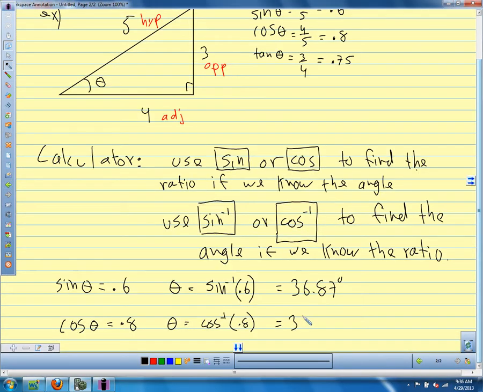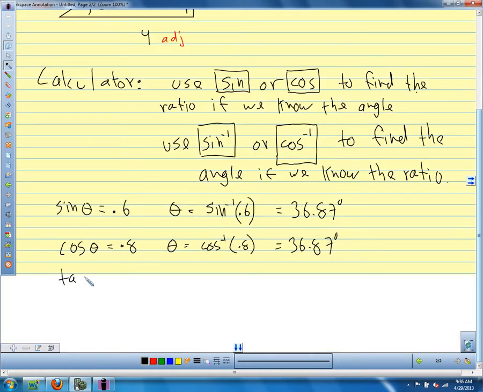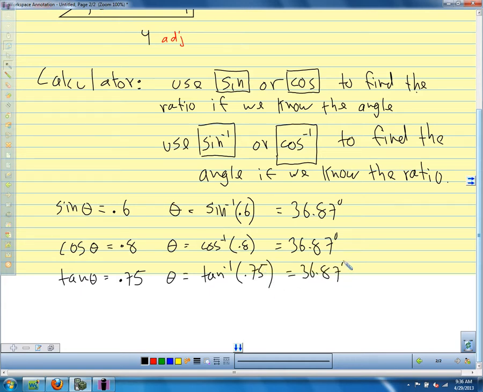So all of these would be 36.87 degrees. And that's for all of the ratios. Inverse sine, inverse cosine, or inverse tangent, depending on which ratio we use. All right, questions on that part?